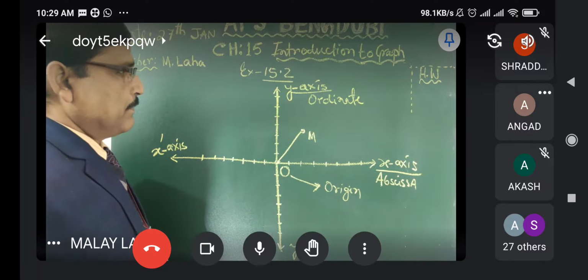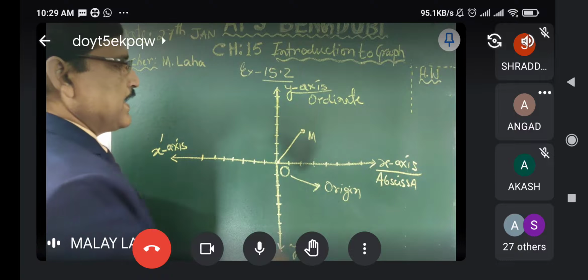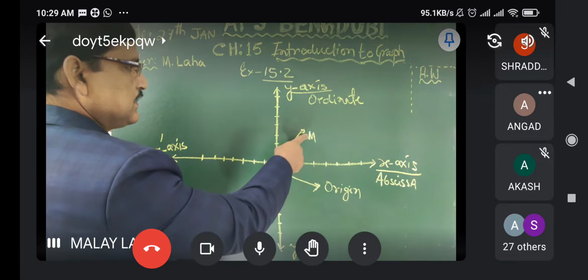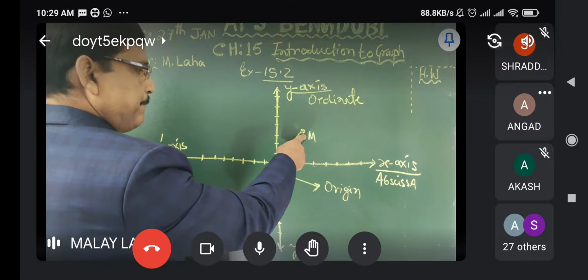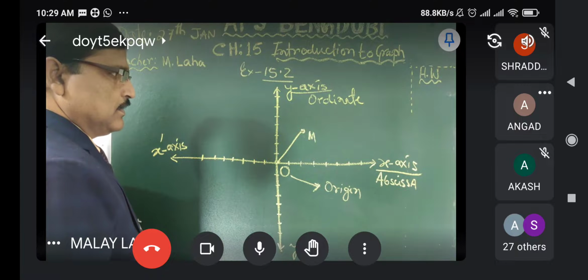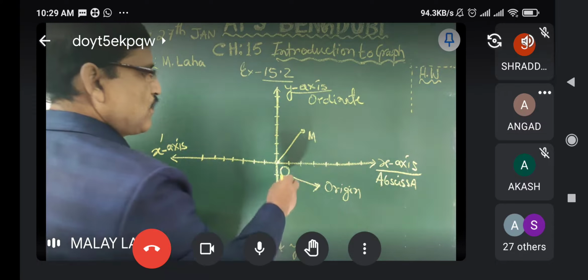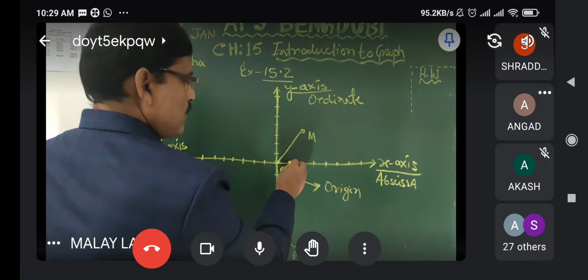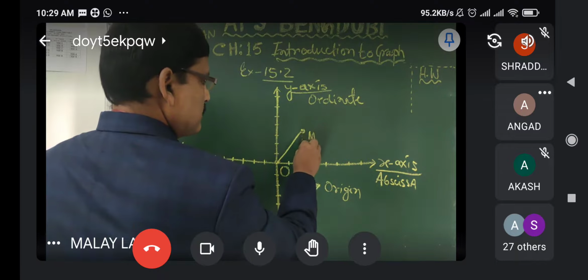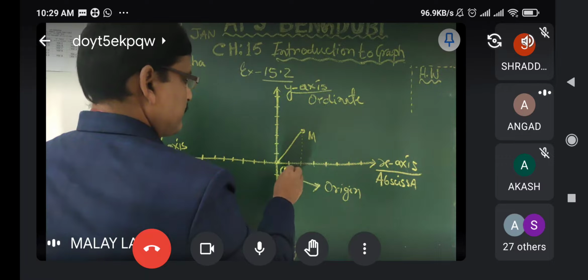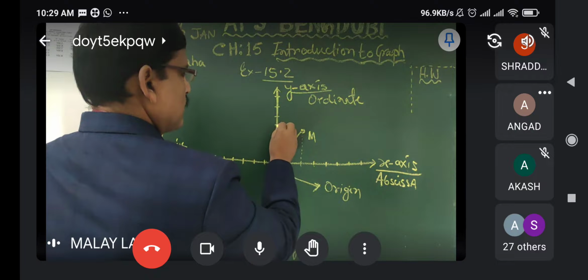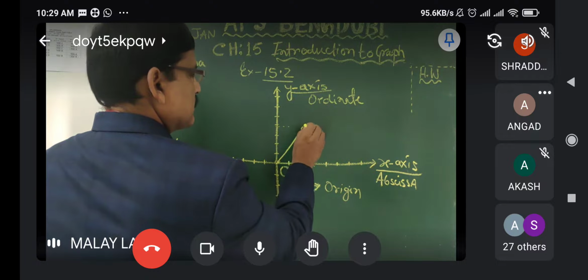These are the markings. Now suppose I have to measure the distance of the point M from the origin. This is called what? Coordinate. Coordinate of M will be what? 1, 2, and this one is 1, 2, 3, 4.